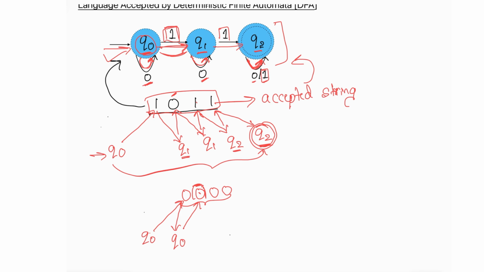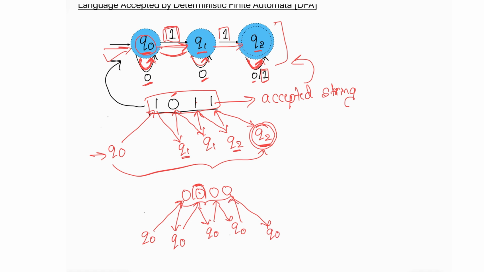So for this 0, the machine remains in the Q0 state only. The same happens for each remaining 0: it takes the self loop and remains in Q0.